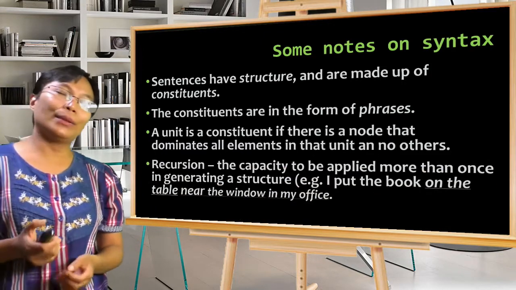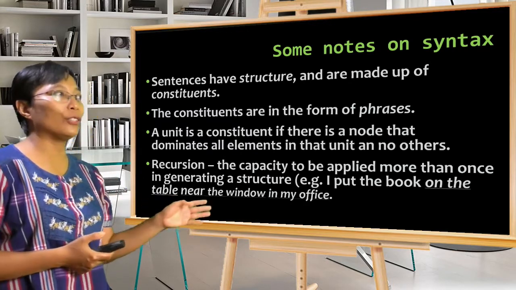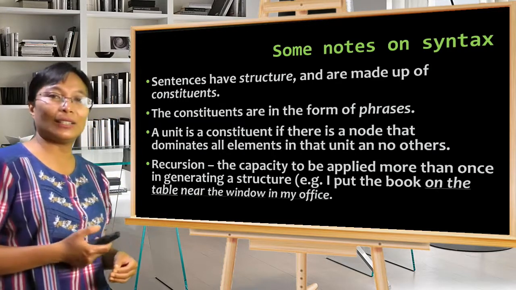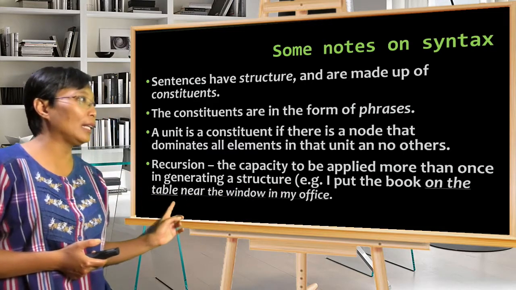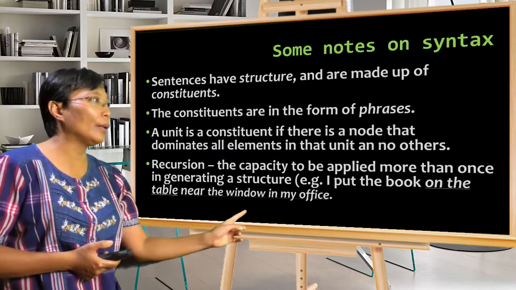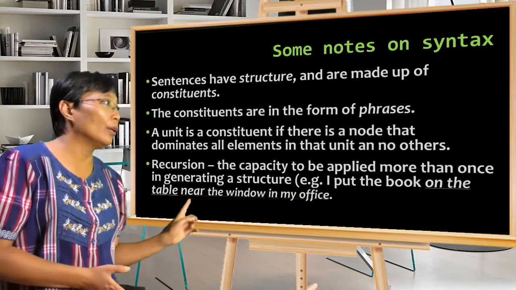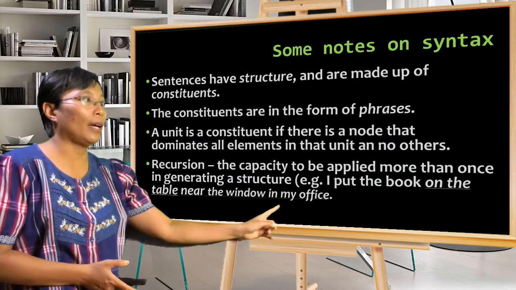And then we also have what we call recursion. Recursion is the capacity to be applied more than once in generating a structure. The example is like this. I put the book on the table near the window in my office. Here you have on the table, near the window, in my office.